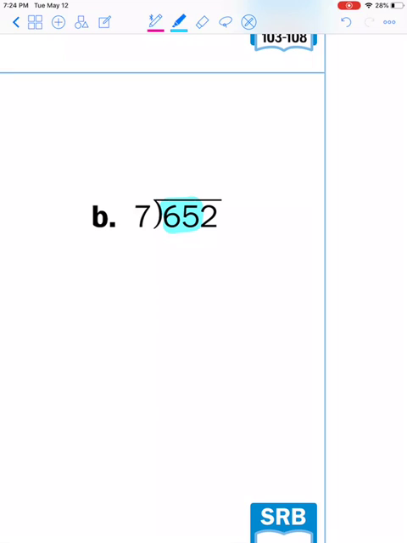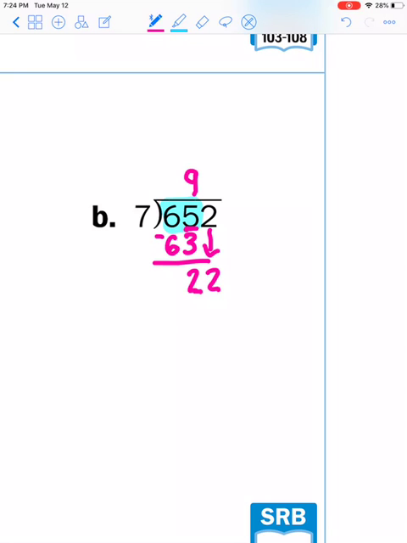So I know that 65 is not a multiple of 7, but 9 times 7 is 63, which gets me pretty close. So I'm going to put a 9 over here above the 5 because we had to go to the tens place. And I'm going to put 63 because 9 times 7 is 63. 65 minus 63 is 2. And now I'm going to bring down this 2 to make it 22.